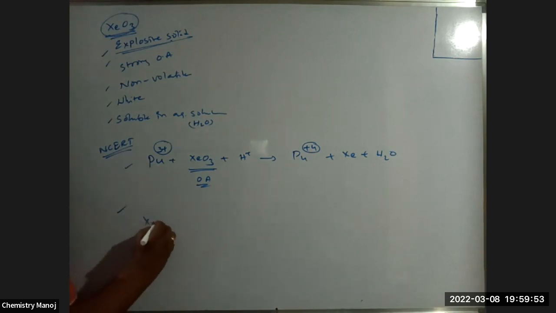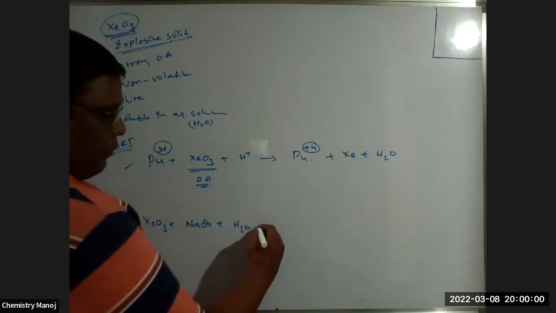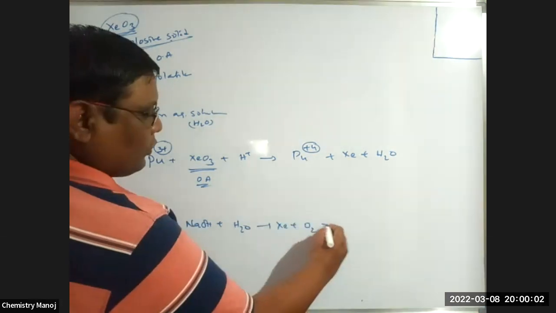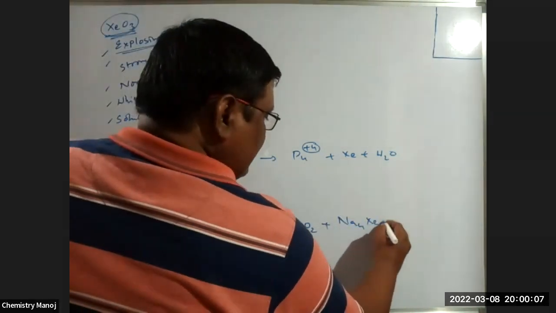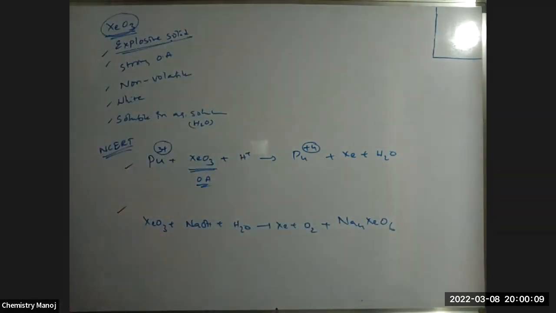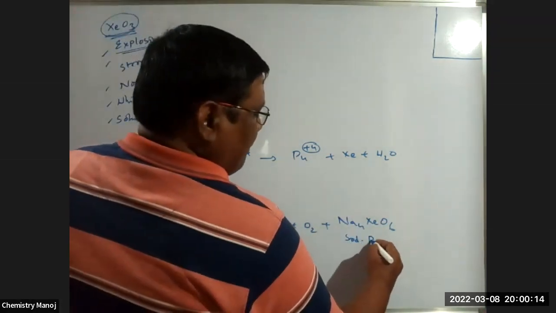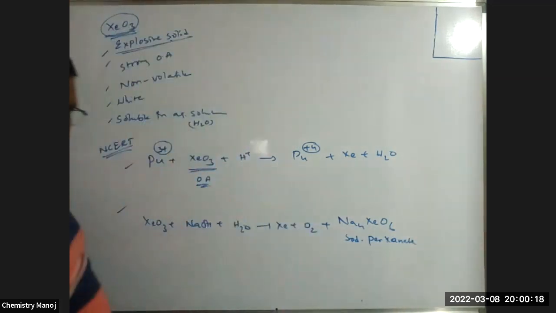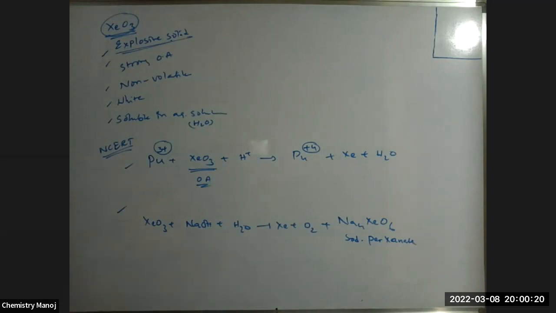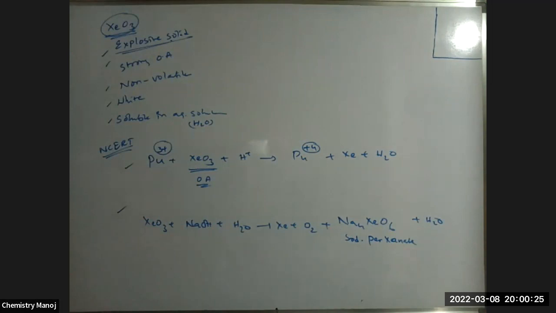And also, one more reaction. When XeO3 reacts with aqueous NaOH, that gives Xe plus O2 plus Na4XeO6, sodium perxenate, name it, plus H2O.